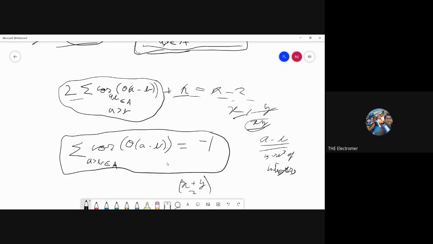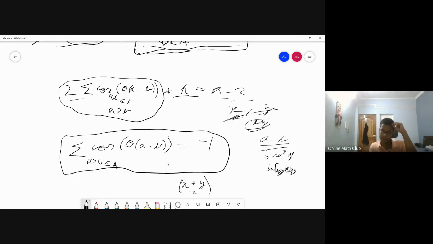What is x? What is y? x is the number of evens in A, y the number of odds.